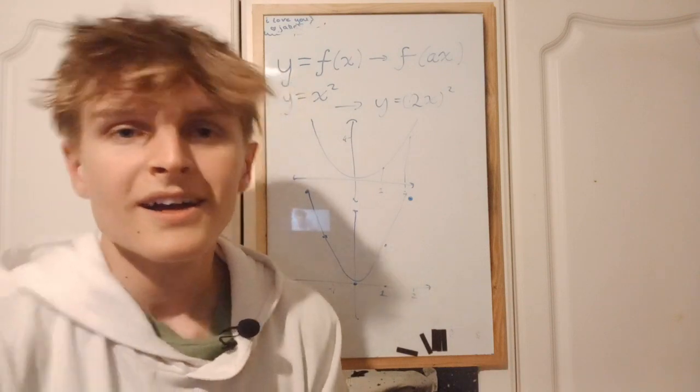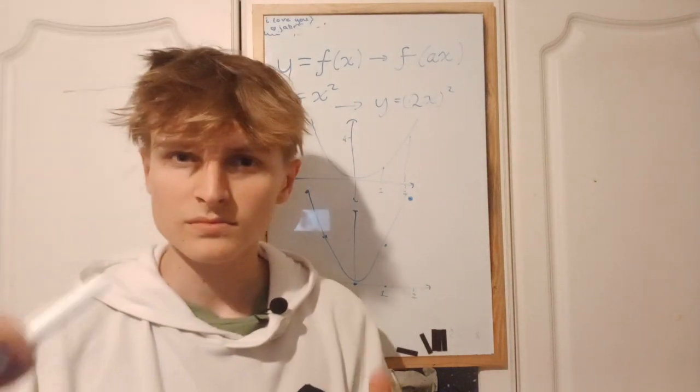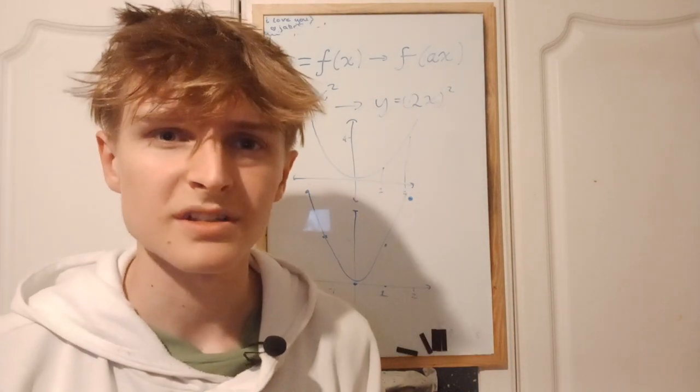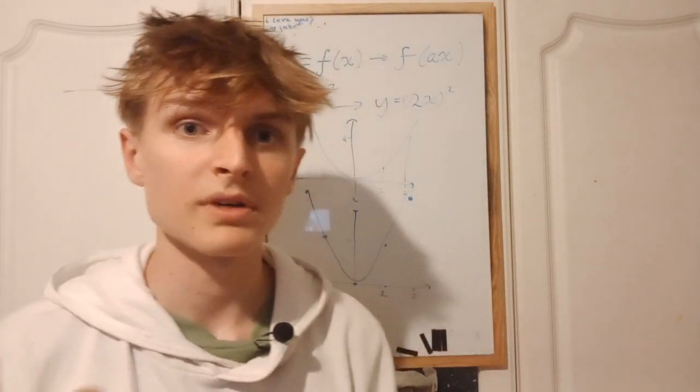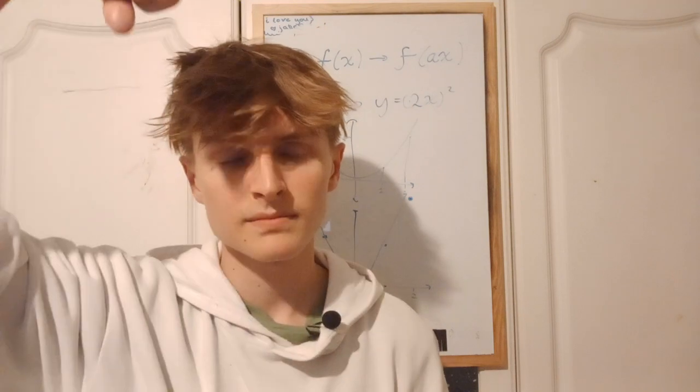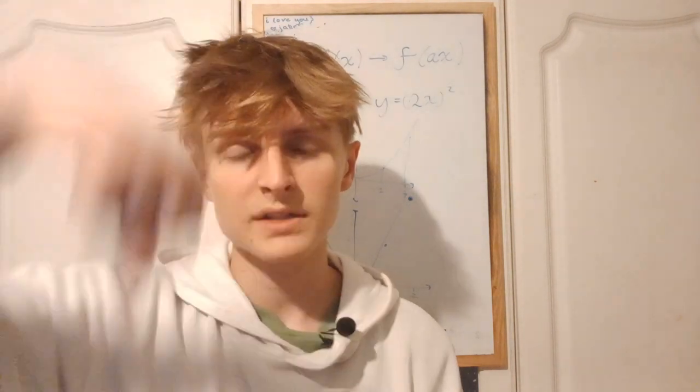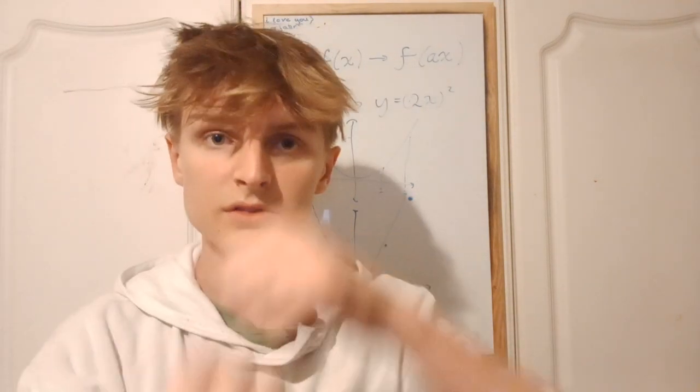So, to recap all of the nonsense that I just said, I'm going to go without the pen for this one. If you have a function transformation where it's y equals f of x to y equals a times f of x, so you're just multiplying all the outputs of the function by a constant, it stretches the function along the y-axis, and if it's negative, it will flip it over and stretch it.